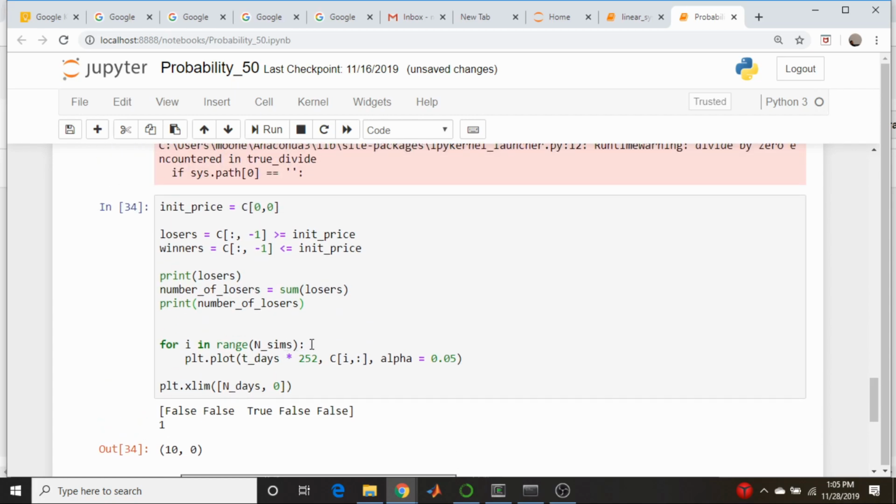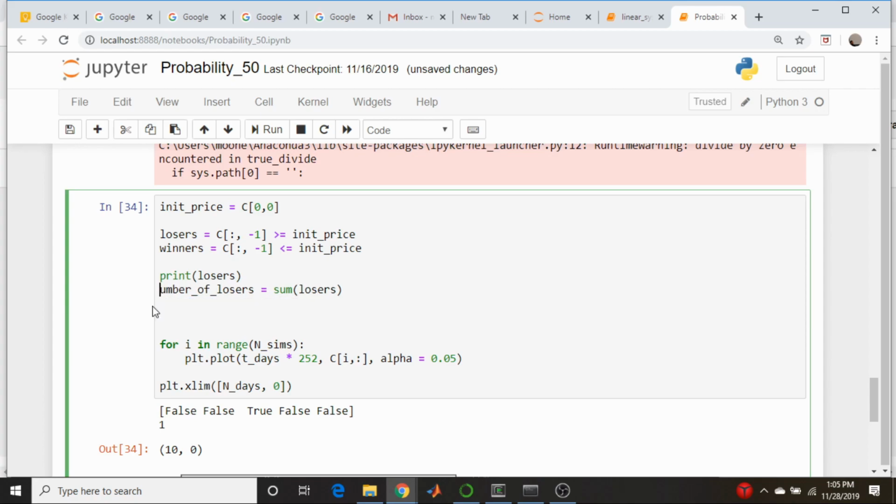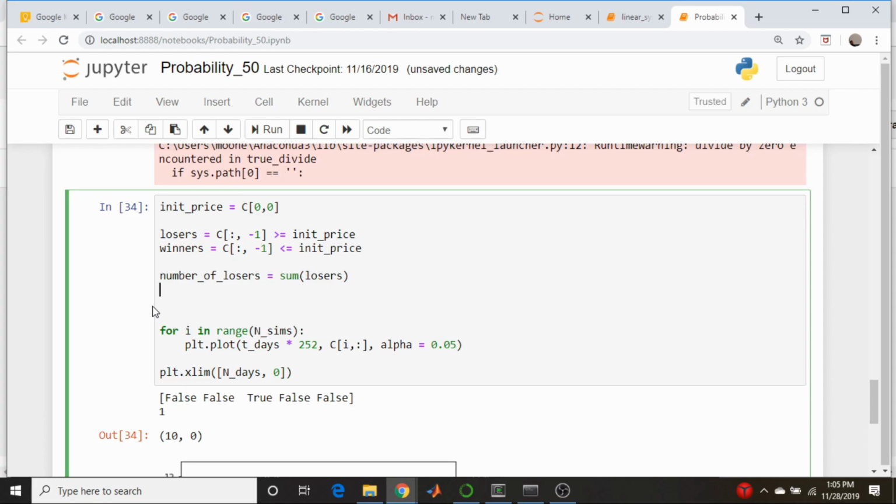Okay, so let's do the same thing and let's just get rid of this print statement here. Oops. This print statement here, and we'll do the same thing for the number of winners. So number of winners is equal to sum winners.